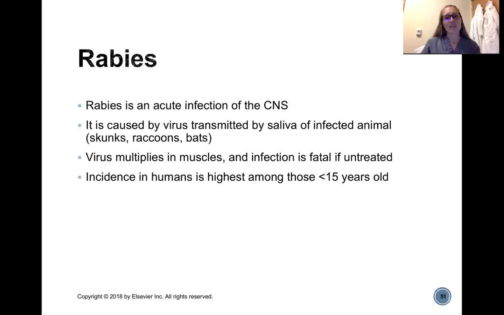One thing with rabies is that once the symptoms are present, it's too late. So a key nursing role related to rabies is ensuring that parents know if their child is bit by a wild animal, or any animal for that matter, they need to bring their child in to receive treatment.